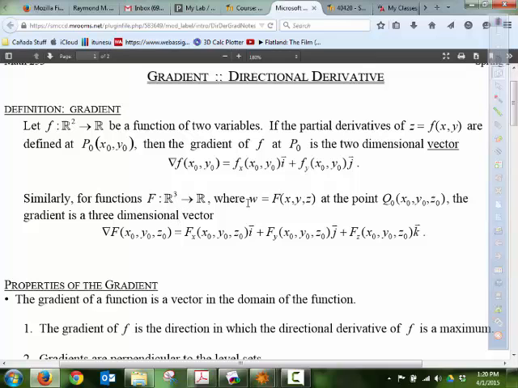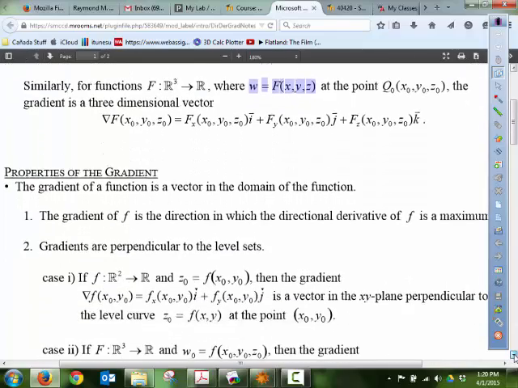So now, if we take a look at a function, w is equal to f of x, y, z, and let w be a constant, now you have a surface, an x-y-z relation based on this equality, and that surface is called a level surface, and there the gradient is perpendicular to the level surface. Okay? So those are the perpendicular properties of the gradients.